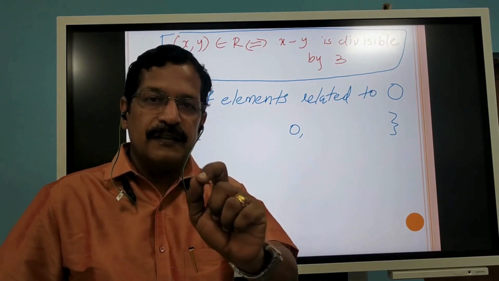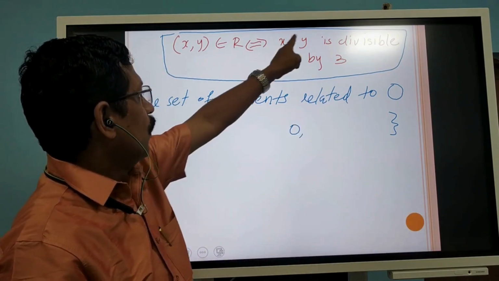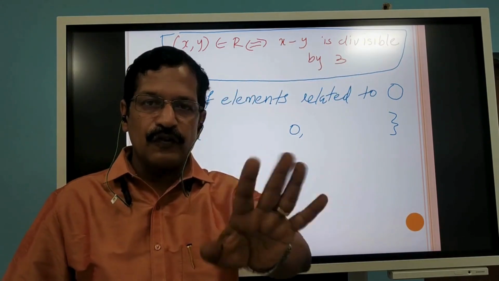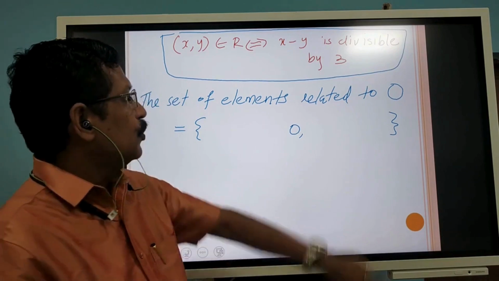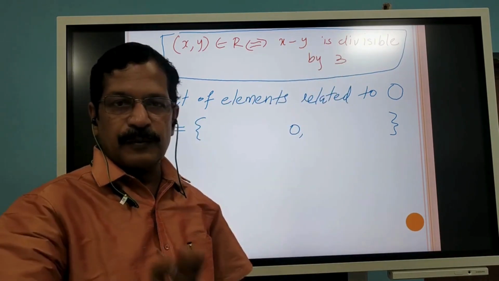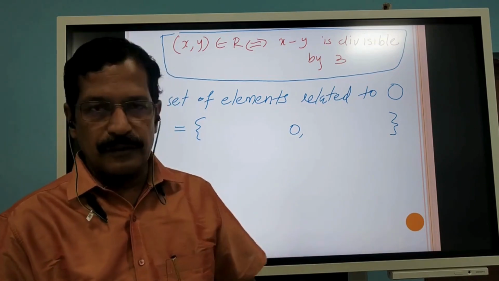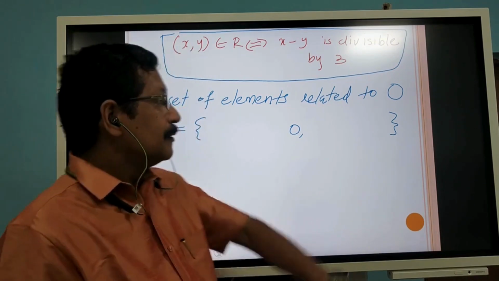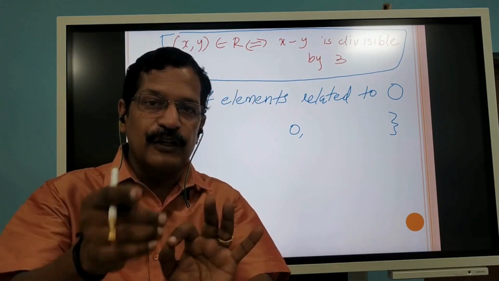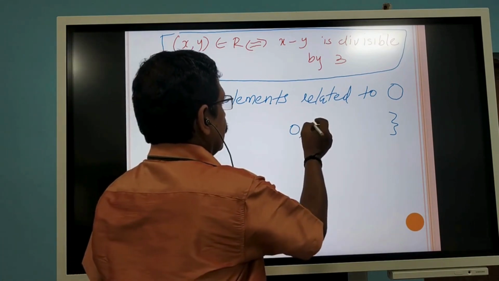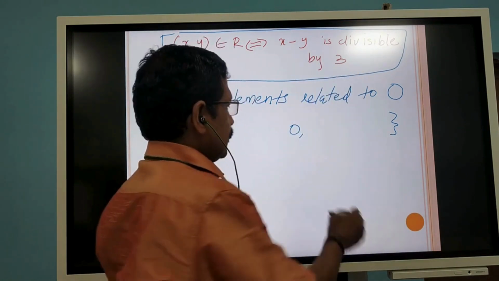Now, whether 1 is related to 0: if 1 is related to 0, 1 minus 0 should be divisible by 3, so it is not possible. So 1 is not related to 0. Whether 2 is related to 0, 2 minus 0 is not divisible by 3, so it is not related. Now, what about 3? 3 minus 0 is 3, divisible by 3. So 3 is related to 0.